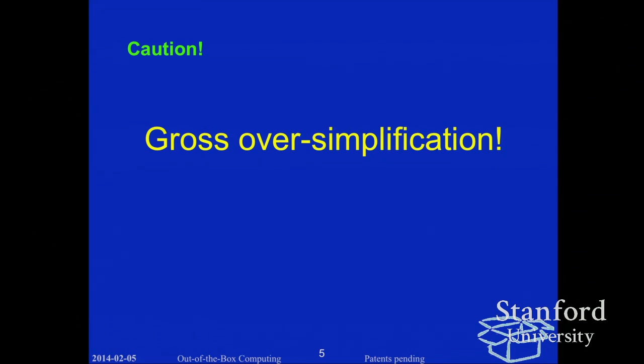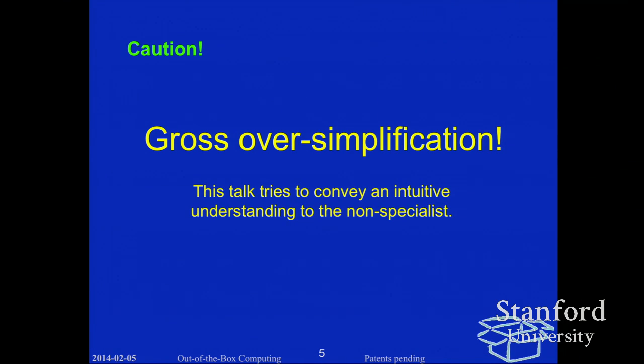And a caution. This talk is a gross oversimplification. The guts inside a CPU are fiendishly complicated and depend on hardware and other details that cannot be covered in a talk of this nature. Instead, I try to convey an intuitive understanding suitable for a non-specialist.